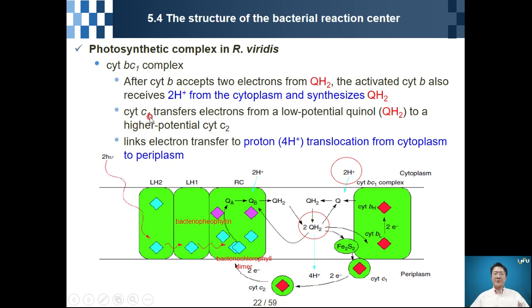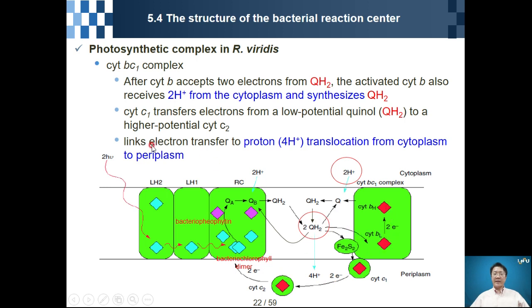So cytochrome c1 transfers two electrons from the low potential quinone, which we call QH2, to the higher potential cytochrome c2. This is an electron transfer, and this is also an electron transfer.